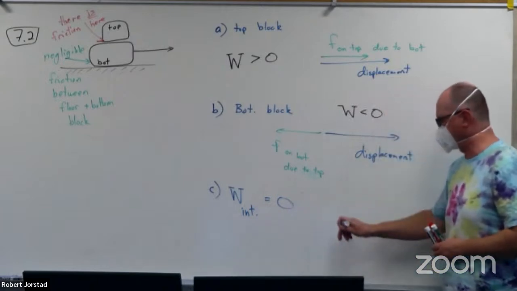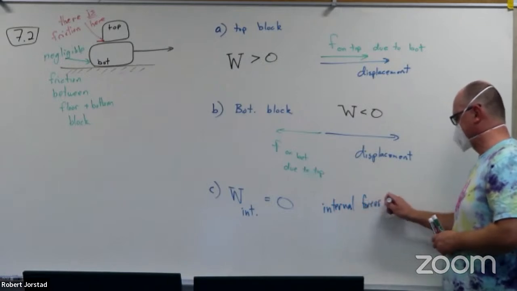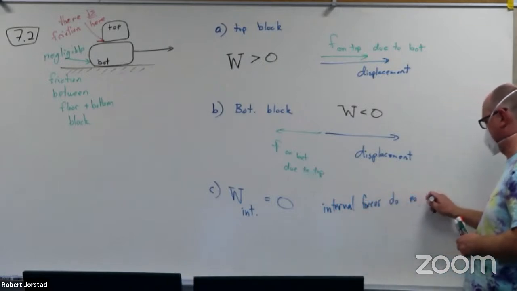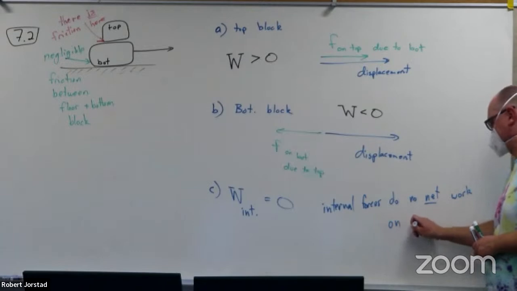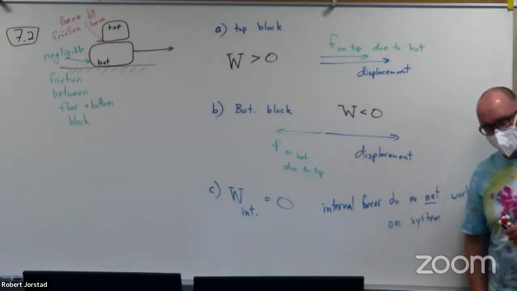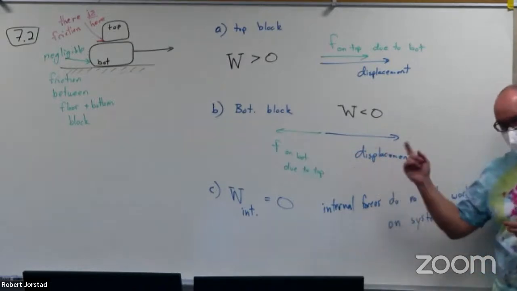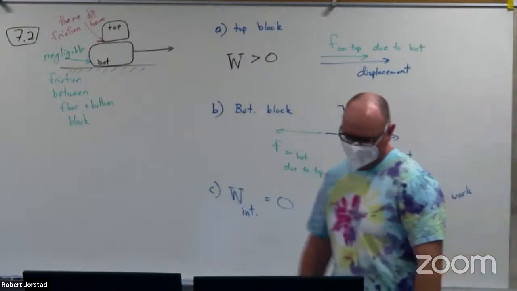If you have an internal force on the system, this is probably worth saying precisely. The internal forces do no net work on the system, right? Clearly, friction is doing work on the top block in the positive way. It's doing negative work on the bottom block, but does no net work on the 1-2 system. Is that enough on that? Sort of like internal forces, you could ignore them in FBDs. Internal forces, you could ignore them in work energy. That's why we're mentioning that.